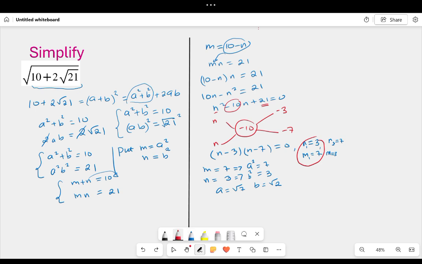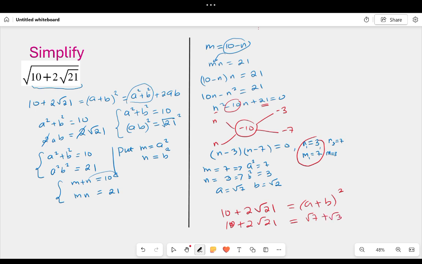We said 10 plus 2 square root of 21 can be compared to (a plus b) squared. We already know what a and b are. So 10 plus 2 square root of 21 is equal to, instead of a, the square root of 7, and instead of b, the square root of 3, all squared.